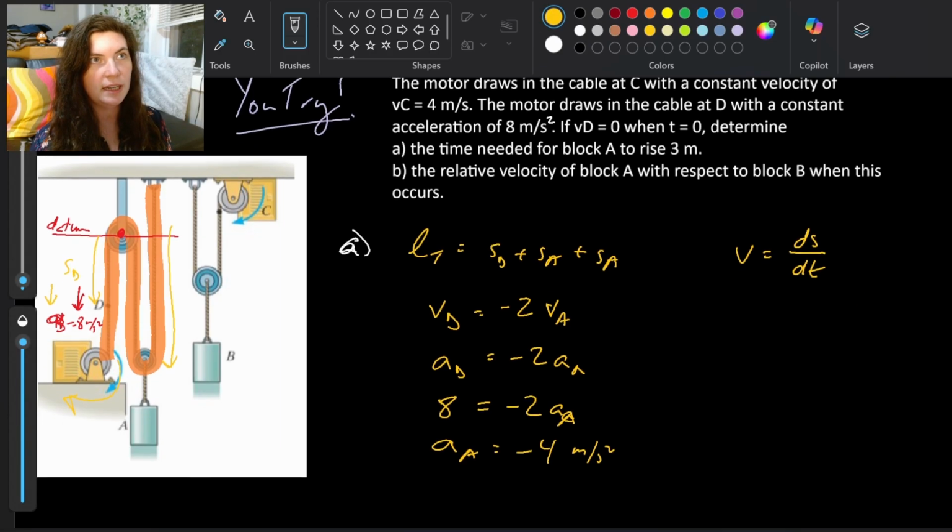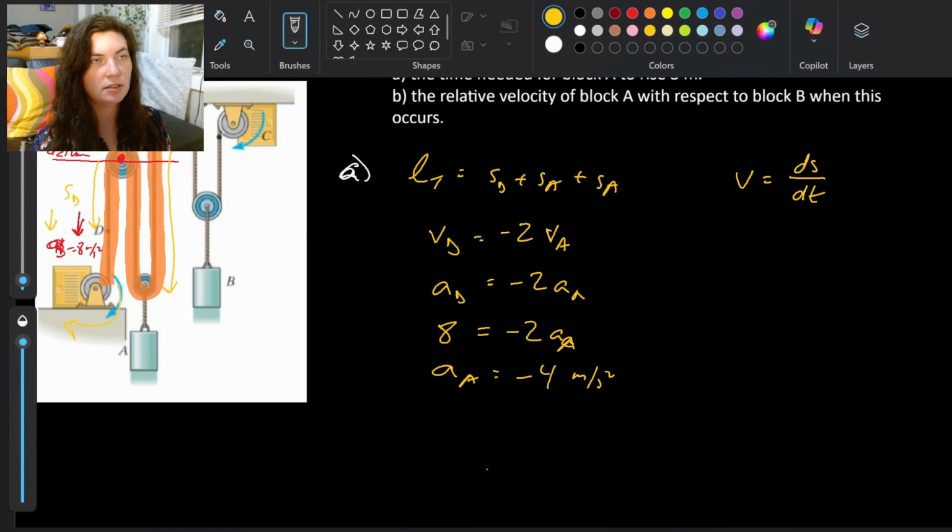Now I'm going to get back to my velocity. If I integrate acceleration with respect to time, I'm going to get a velocity. So my velocity of A is just going to be negative 4t. I integrated a constant acceleration.